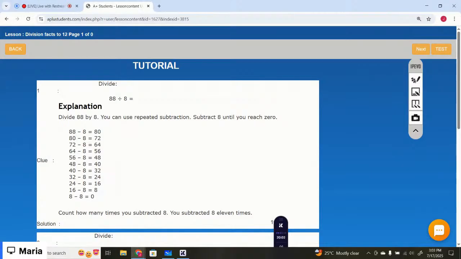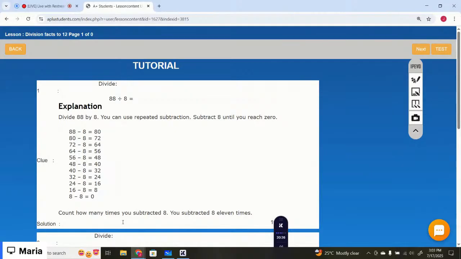So for the smaller numbers, it's okay, we can subtract again. But for the greater numbers, it is difficult to subtract over and over again. So 88 minus 8 is 80. 80 minus 8 is 72.